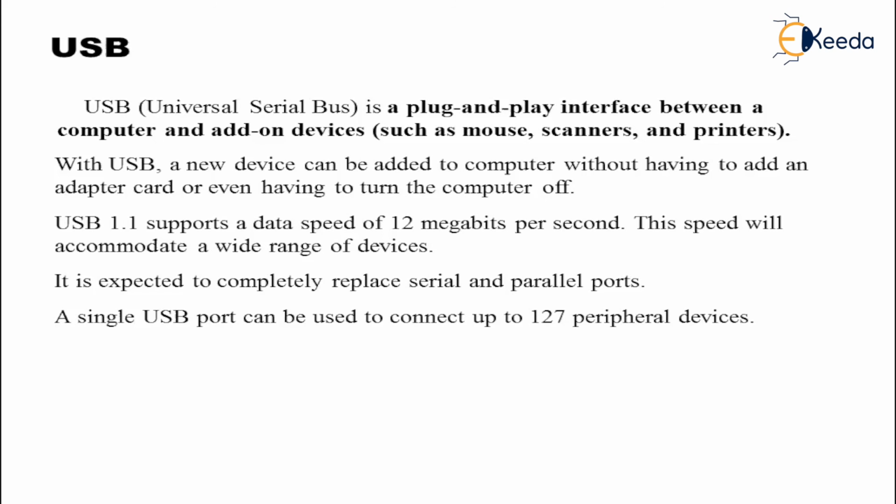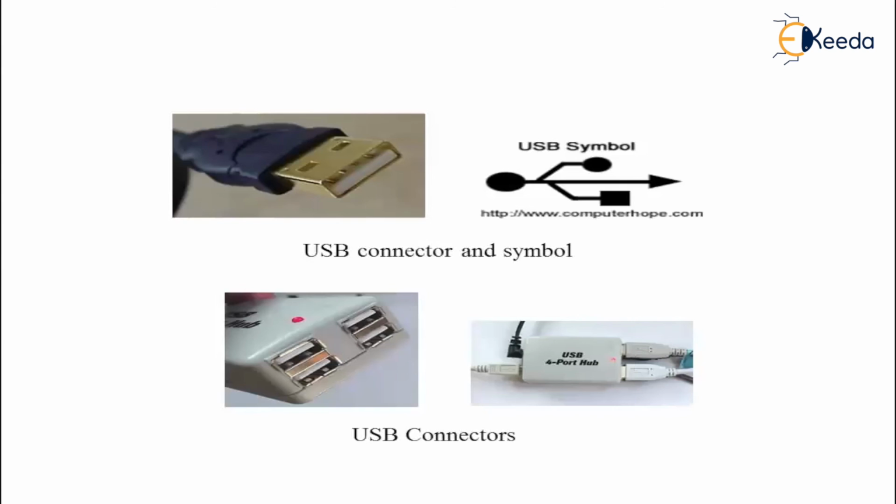A single USB port can be used to connect up to 127 devices at one stroke. So, these are a few diagrams of a USB connector, and the different types of symbols being used in the market right now.